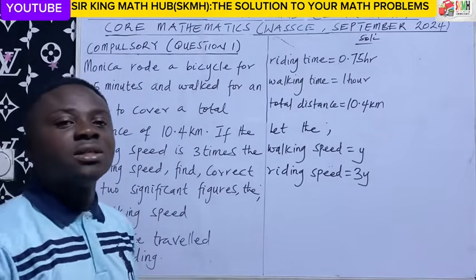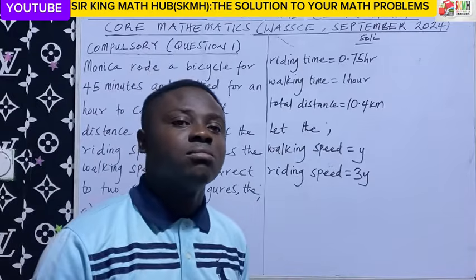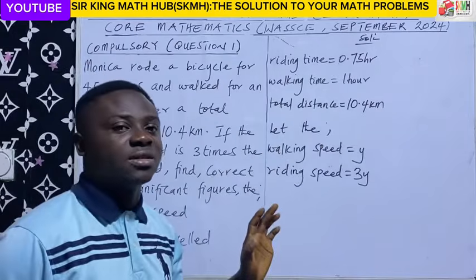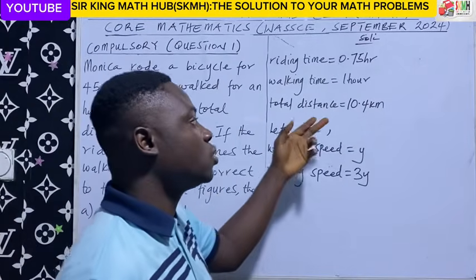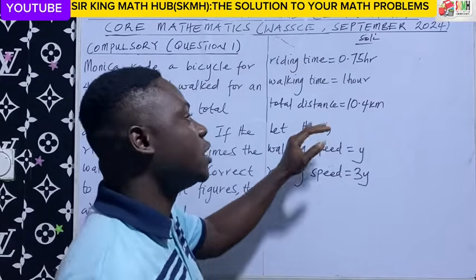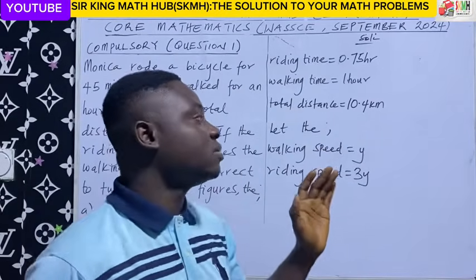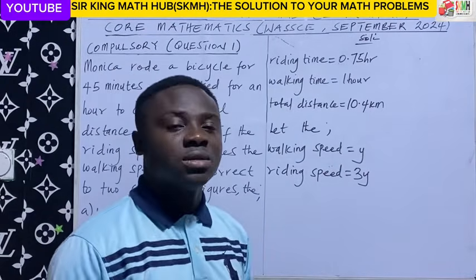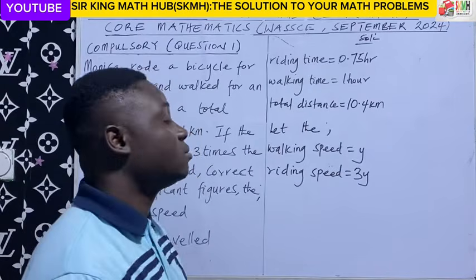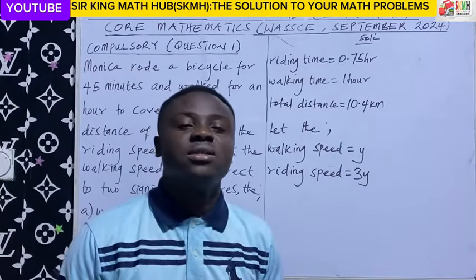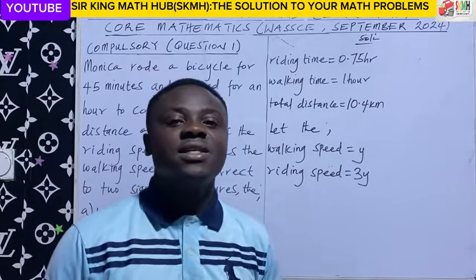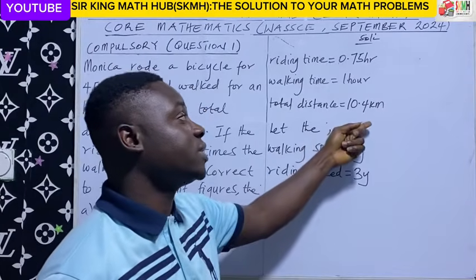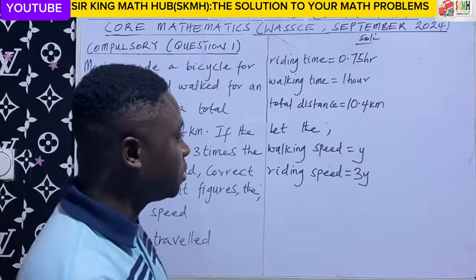So we can conclude that her riding distance plus the walking distance must be equal to the total distance, which is 10.4 kilometers.